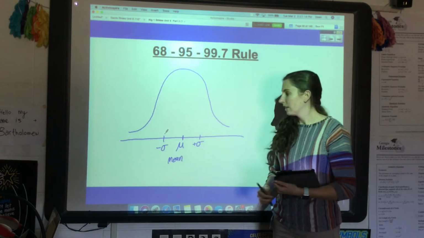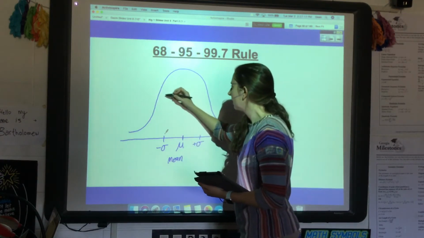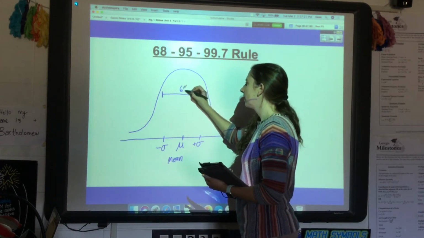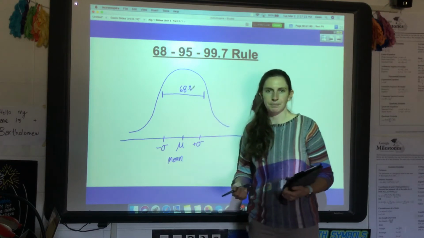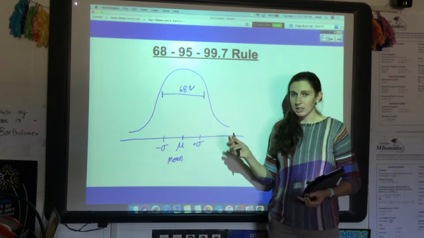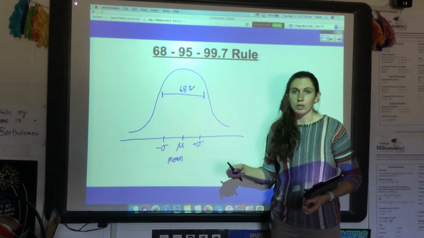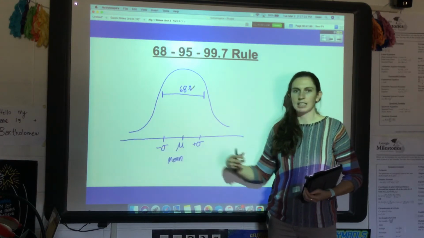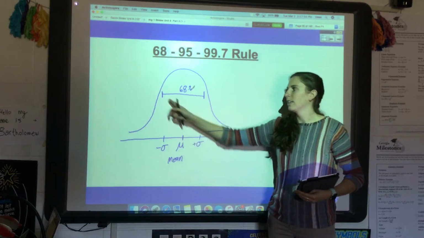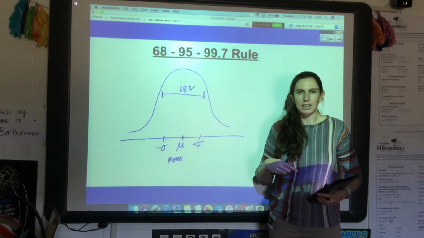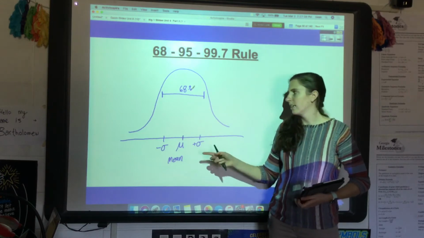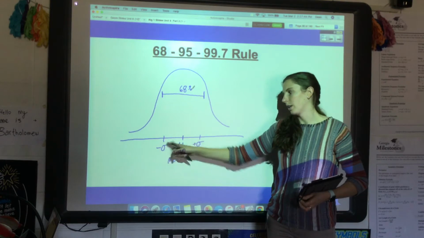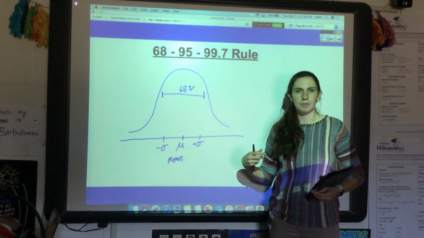So it turns out that is always 68% of the data. It doesn't matter what it is. If you're talking about Skittles or heights or temperatures, if you find the mean and then you go up a standard deviation or down a standard deviation, it's always 68% of the entire data. So if we're talking about heights, 68% of people fall within a standard deviation of the mean.